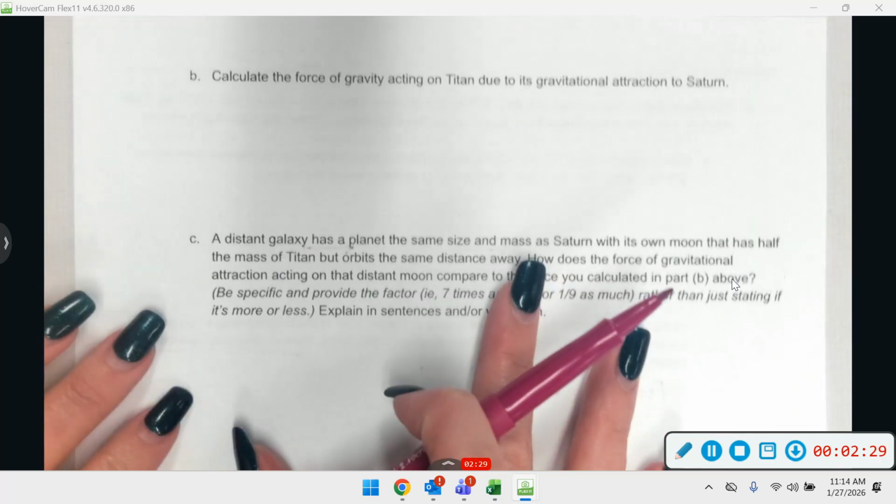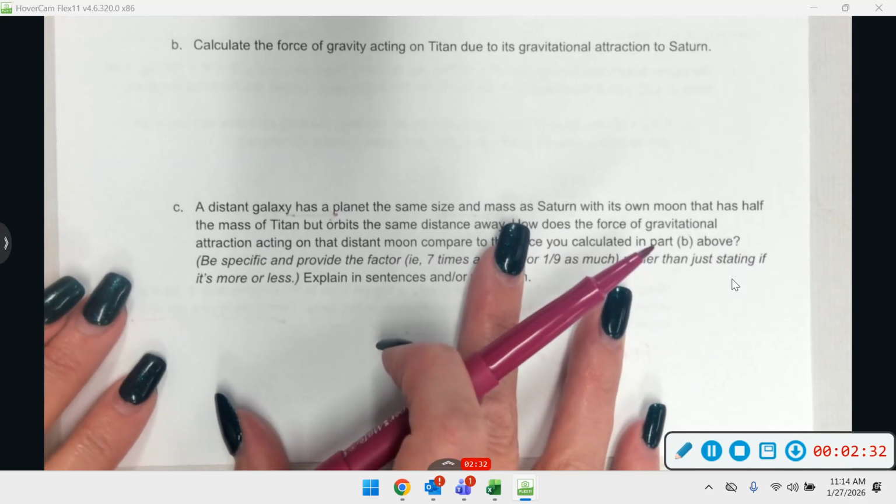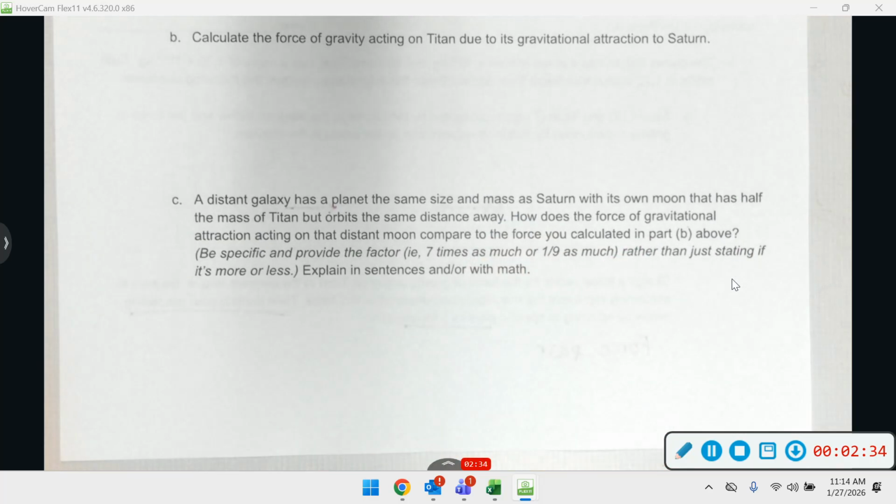All right, on the back, we have parts B and part C. Part B says calculate the force of gravity acting on Titan due to its gravitational attraction to Saturn. For this one, we're going to need to do a calculation using the universal law of gravitation.